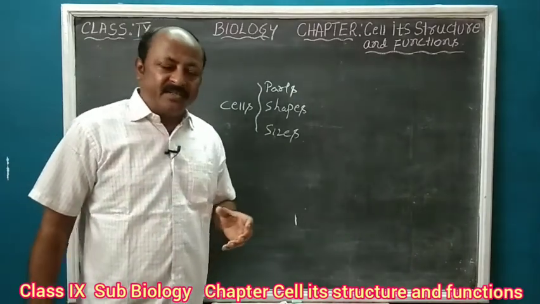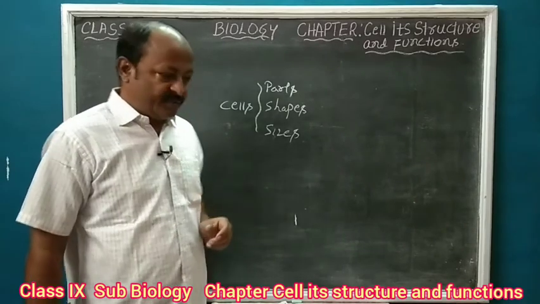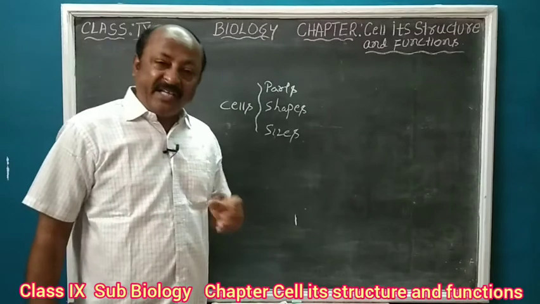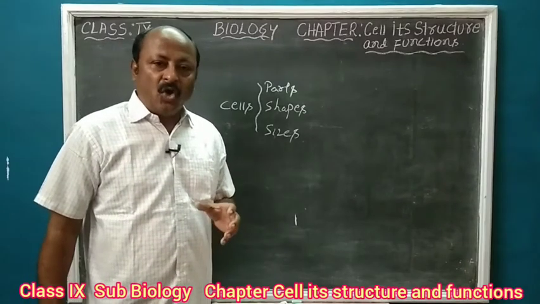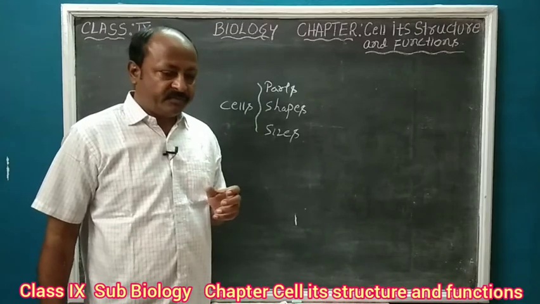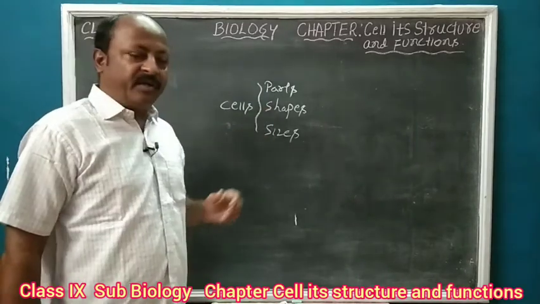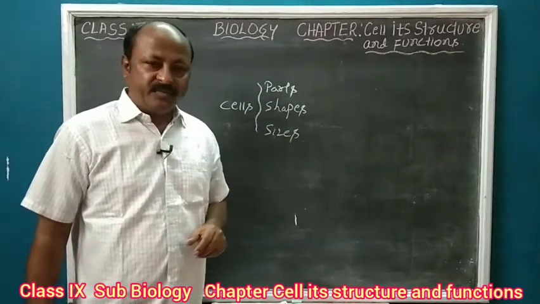The smallest cells are measured in microns. The biggest cell is the ostrich egg. So the sizes differ, the shapes differ, the parts differ.